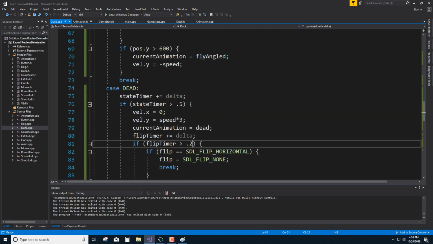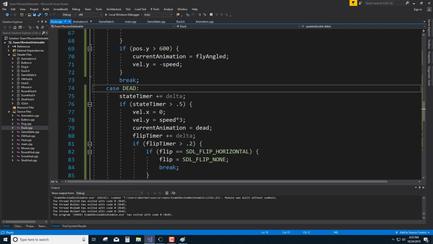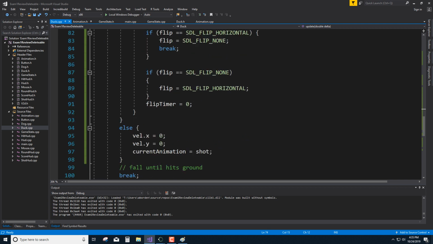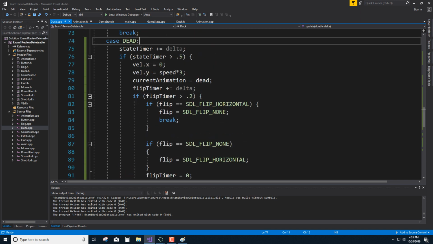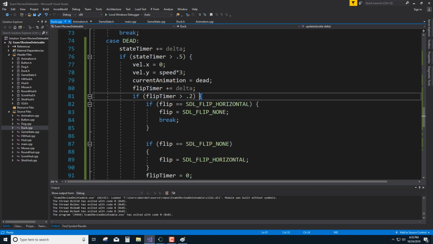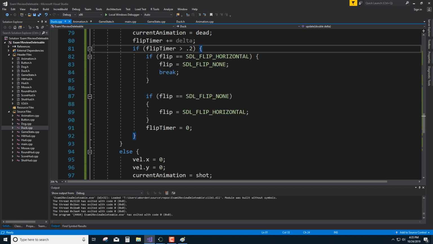The break is going to take me where? The break will get me out of the case, so next time I enter the case... Oh, if we break, the flip timer doesn't get reset to 0.